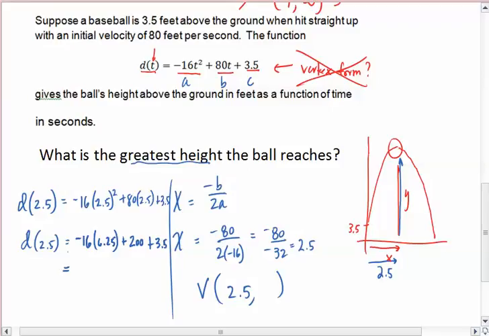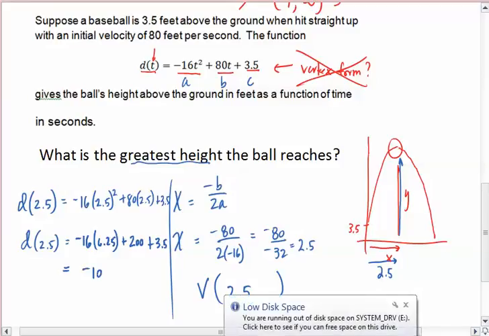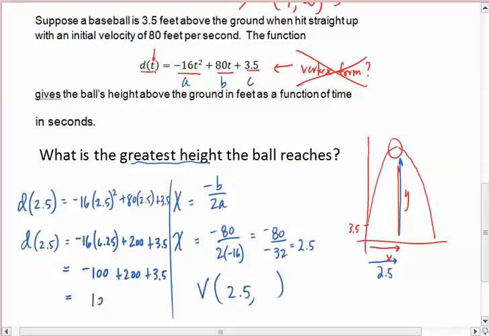So let's keep on going, and we get negative 100 plus 200 plus 3.5, which gives us 103.5 feet. In other words, at 2.5 seconds, that ball goes to a height of 103.5 feet. That's how high that ball goes.